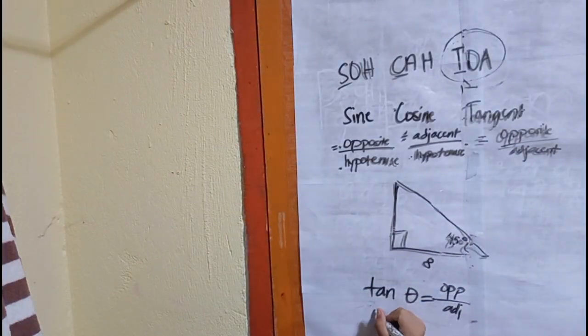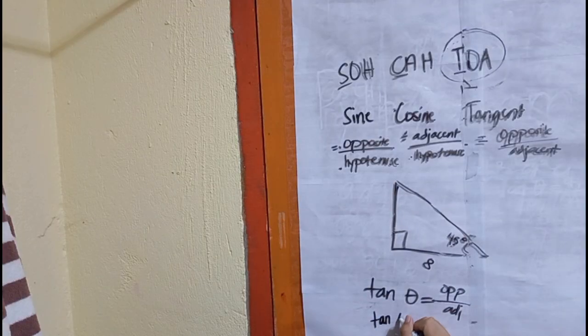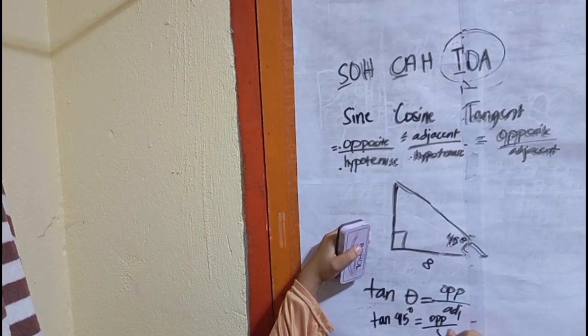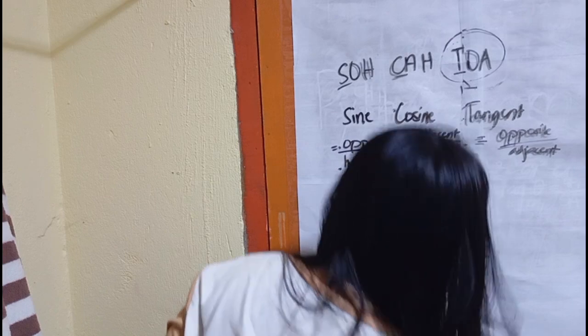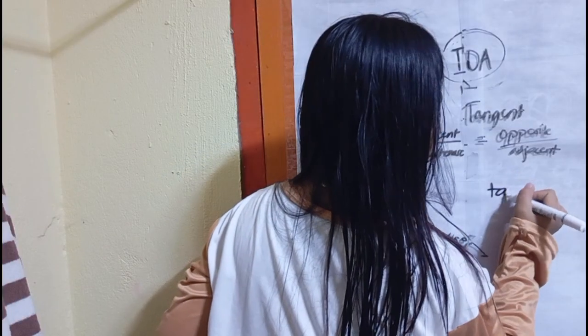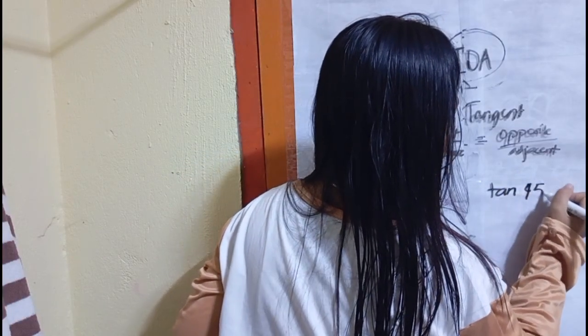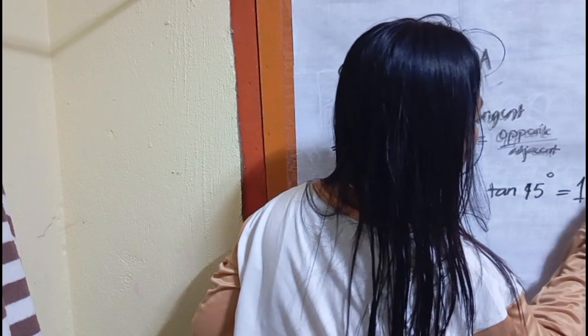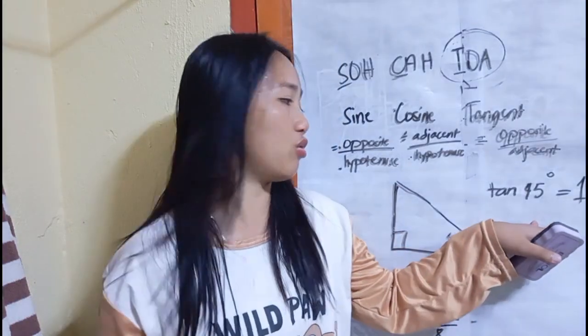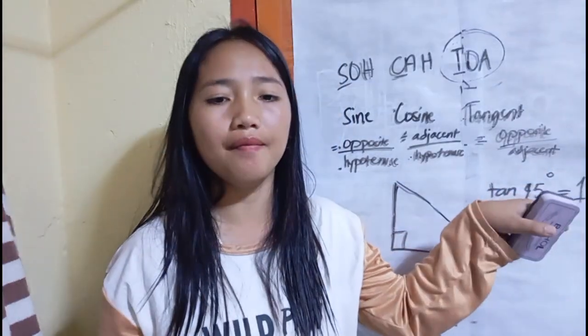So, tan 45 degrees equals opposite, since it has no value, over 8, since our adjacent is 8. As we know from the unit circle, tan 45 degrees is equal to 1.